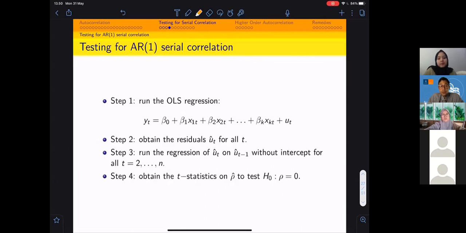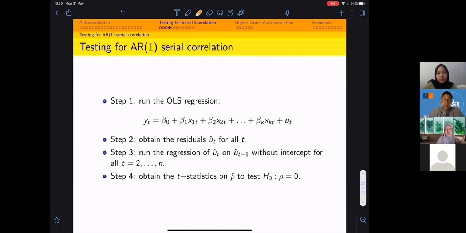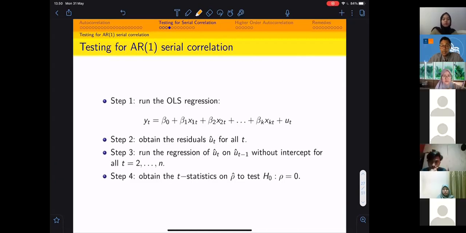So what do we have to do? Well, it's actually quite straightforward. The first thing you need to do is run the OLS regression. We can use more general terms here: y t as a function of x1t, x2t, until xkt.